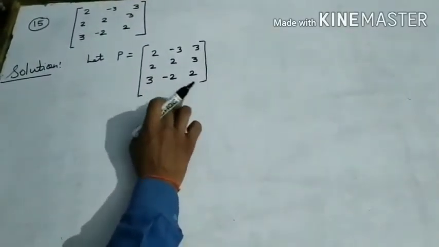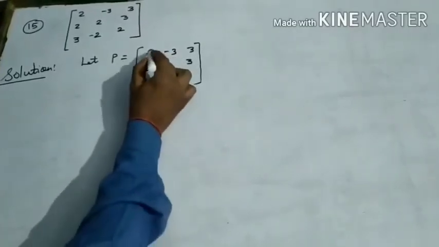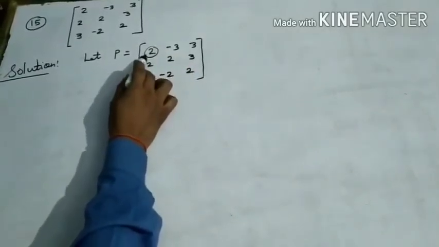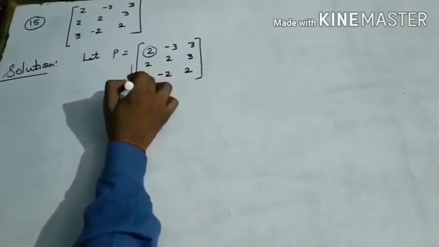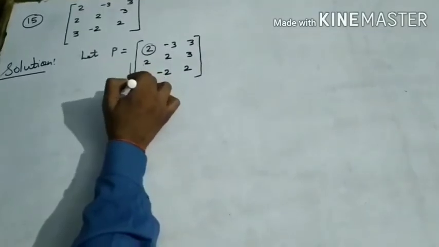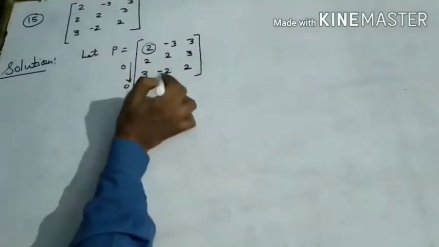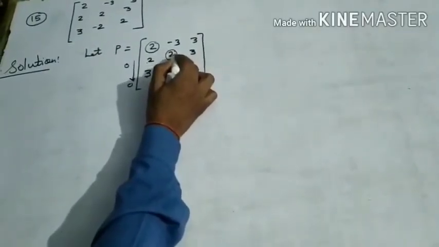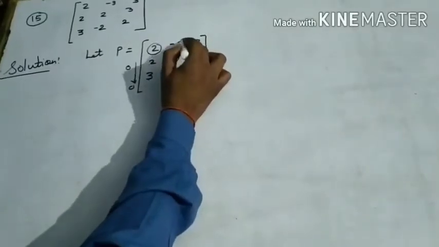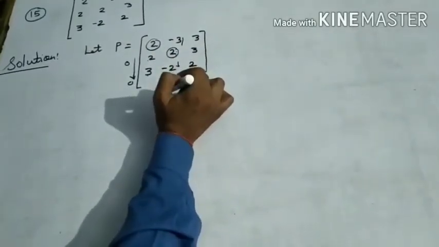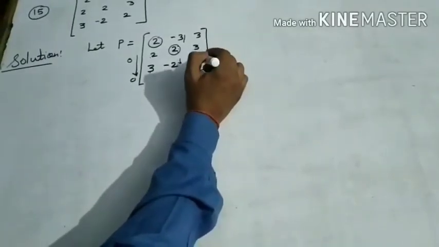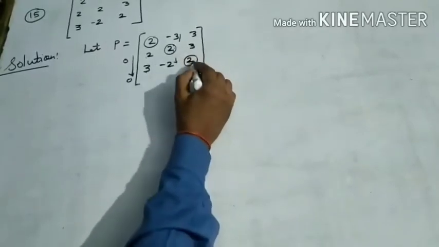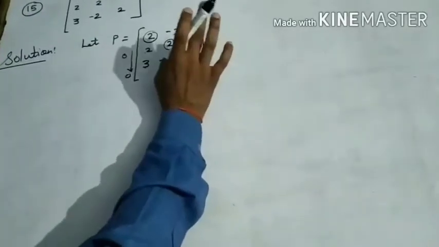If you are using the elementary row transformation, then this element you have to make the 1, and then after with the help of this other you have to make both the elements in this and this you have to make the 0, and then this element means this is the element of the second row and second column, means A22 you have to make the 1, and then this element and this you have to make the 0, and then after you have to see that this element means this is the element of the third row and third column, means you have to make this, and with the help of this you have to make other two 0.